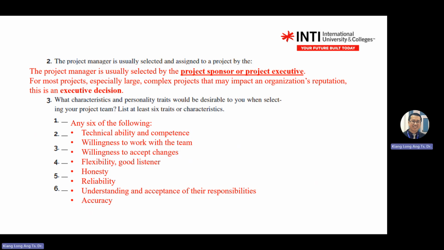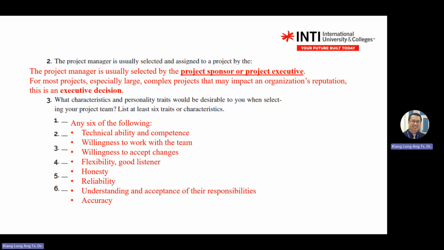So when you assign your team to do the projects, the functional manager will usually give the green light, because the people you send know how to use it. They understand the process. Okay. Willing to work as a team, teamwork, flexibility, being a good listener is important. You don't want to choose someone who always gives a lot of trouble to you.